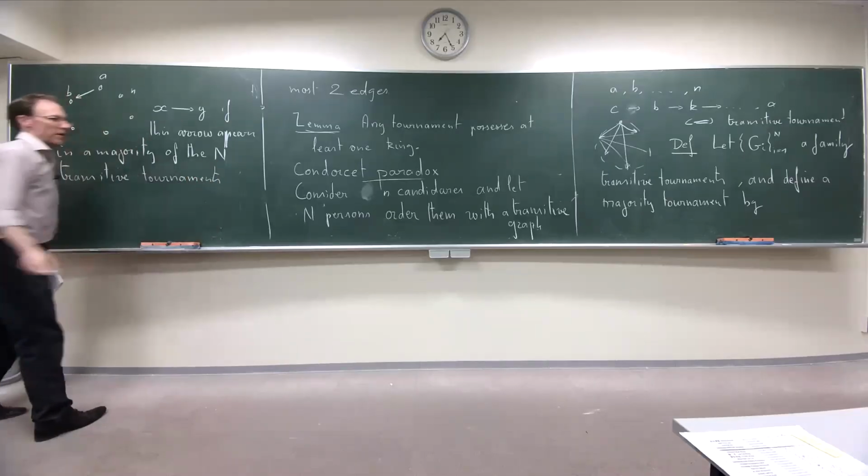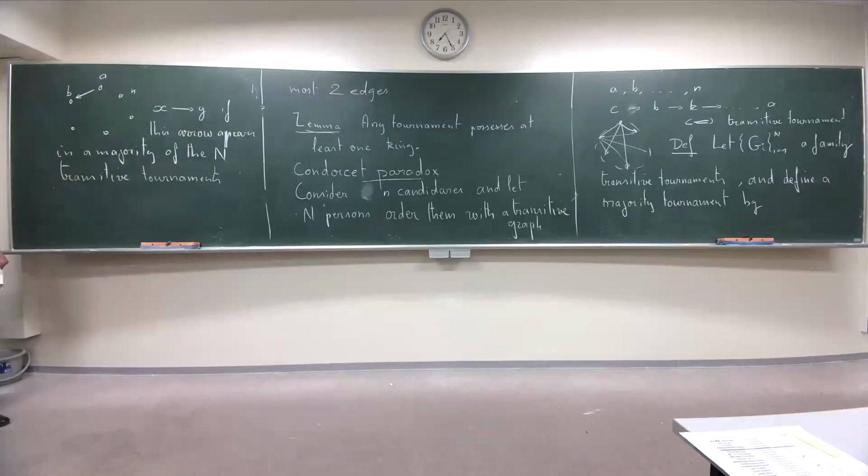In all of them, I have either an arrow from A to B or from B to A. I look which number is the biggest one, and I put an arrow from A to B or from B to A, depending on this majority. Okay?